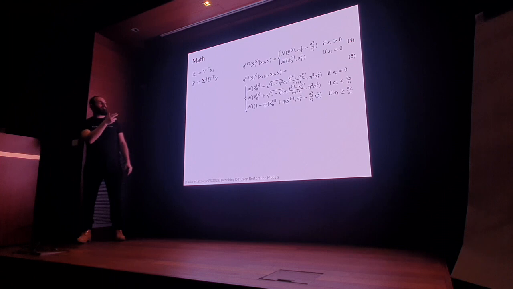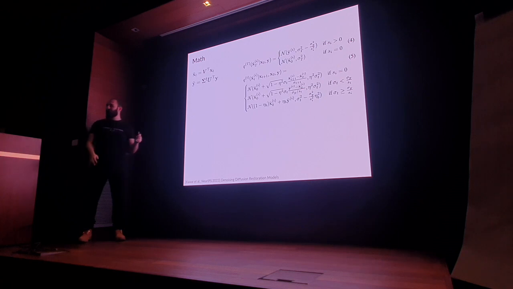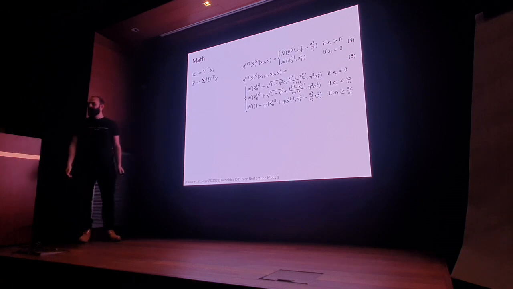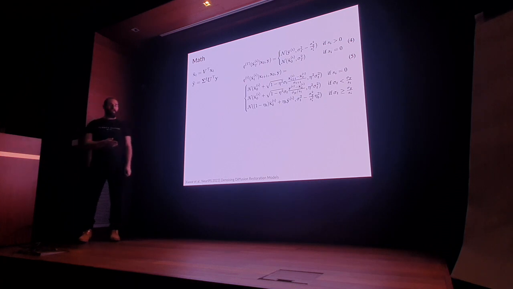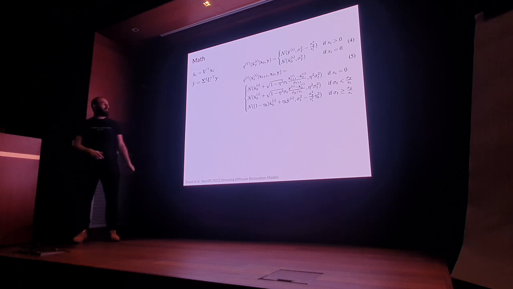And there are 2 cases where the current noise is larger than or smaller than the noise in the observation, this time scaled by the singular value because we're considering a general setting. And then what we have inside is just a Gaussian distribution that has all these elements we saw in the linear combination. We have our x0, we have our y, and we have the output of the diffusion model, which will come later once we define the learned version of this distribution.